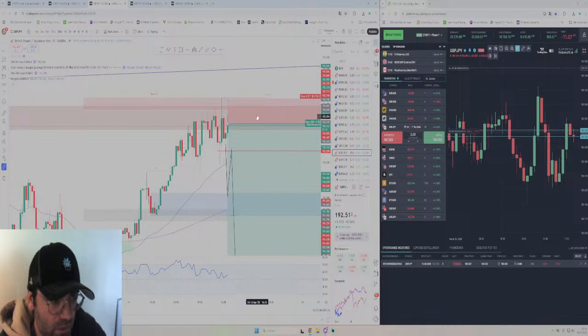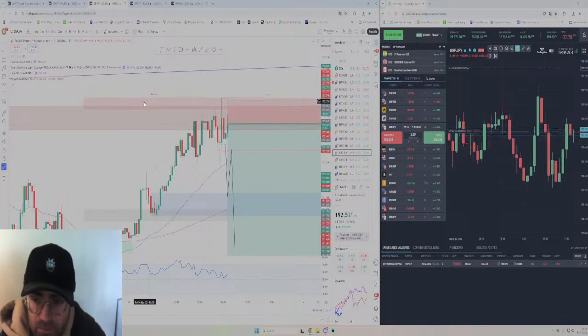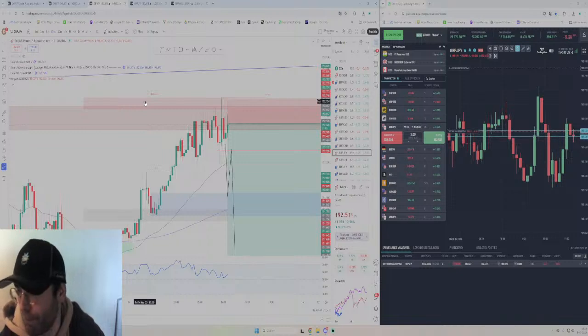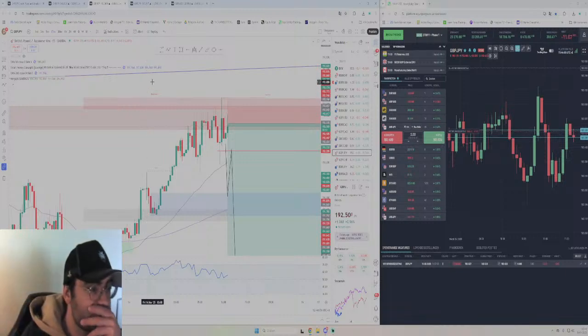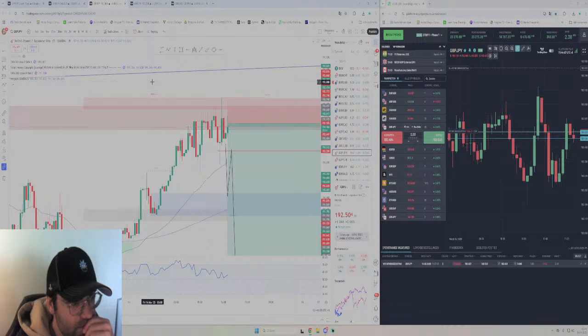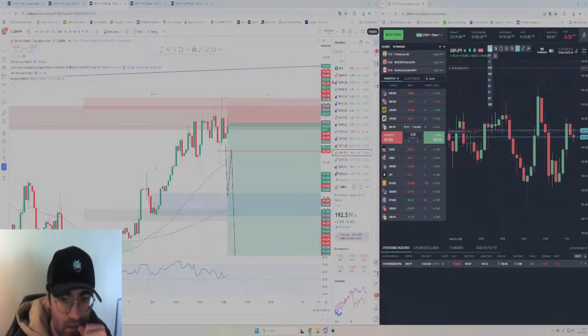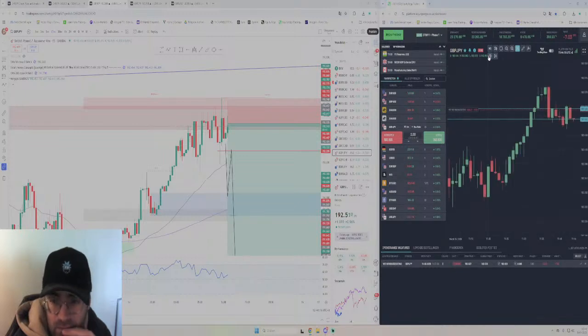It's also possible that it will try to make a last push to close above 608. I think that is pretty likely to happen. One minute. There it goes.